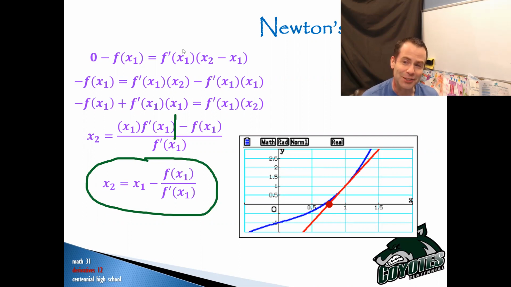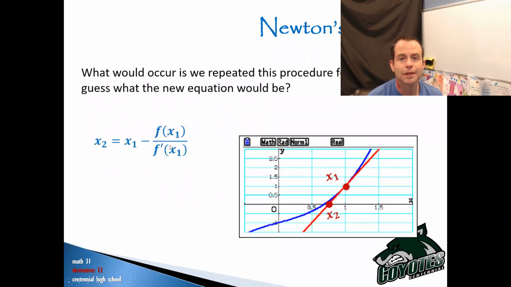So the next question is, well, what if I now took that point and drew a tangent line from there? What would occur if we repeated this procedure for x3? Can you guess what the new equation would be? Well, if we go through all that method one more time, take a look at this. x2 ended up being x1 minus f of x1 over the derivative of x1.